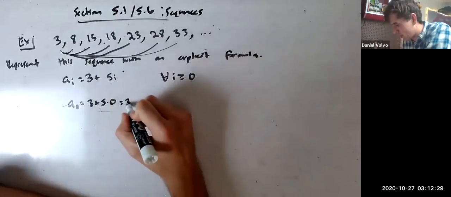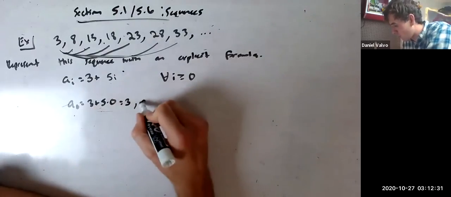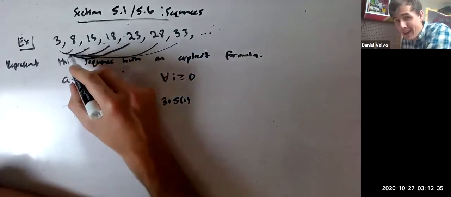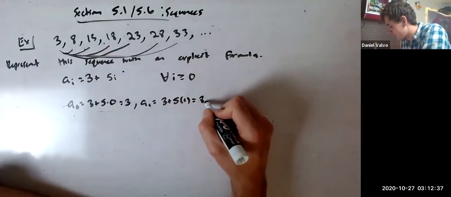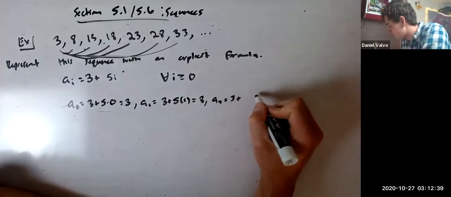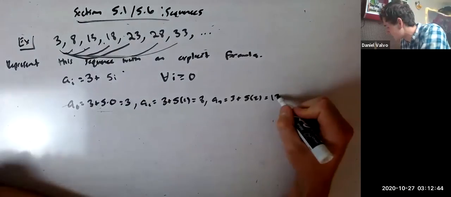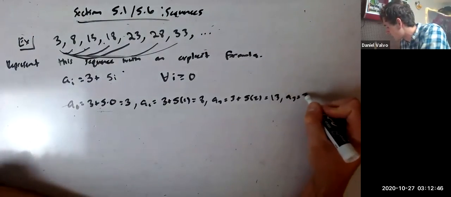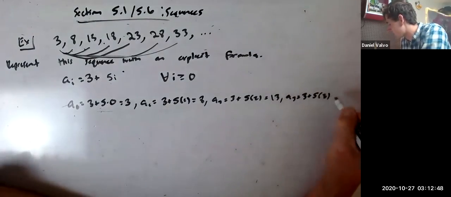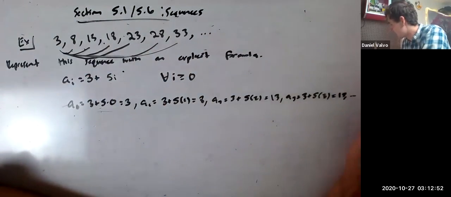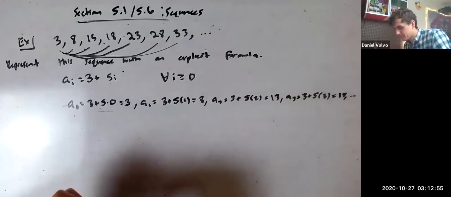And then a_1 is 3 plus 1 times 5, so we add one 5 to 3, which gets us 8. a_2 is 3 plus 5 times 2, so we add two 5s to 3, which gets us 13. a_3 is 3 plus 5 times 3, so we add three 5s to 3 to get 18. And it goes on and on like that.